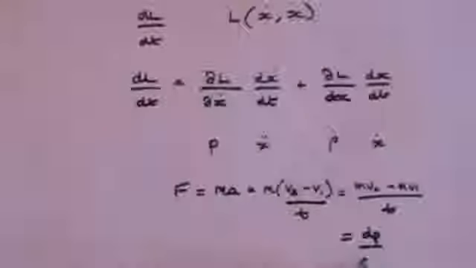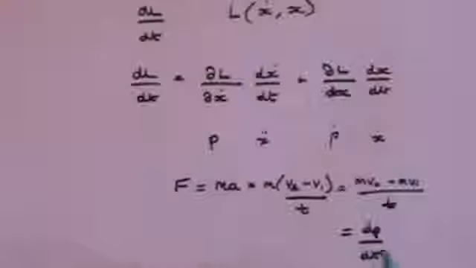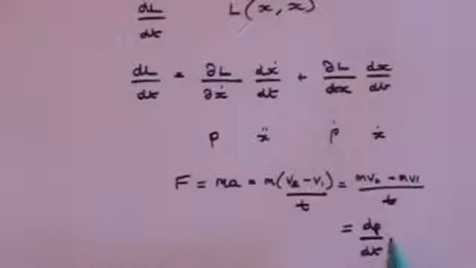But mv2 is the final momentum, mv1 is the initial momentum, and so you've got the change of momentum divided by time. That is the rate of change of momentum. And the rate of change of momentum can be given as p dot. That's essentially dp by dt.